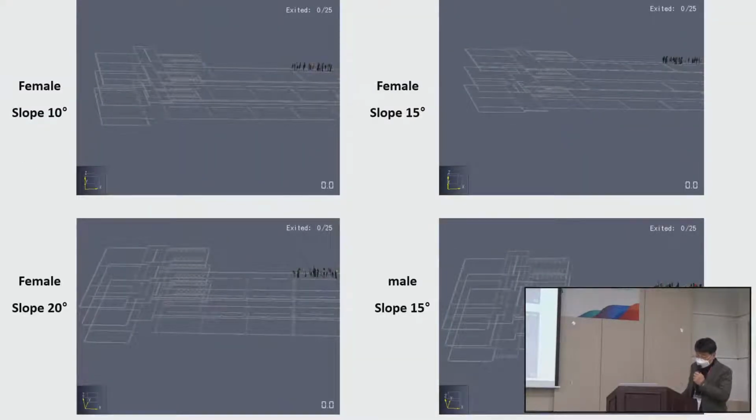This slide is a collection of the videos at a glance.